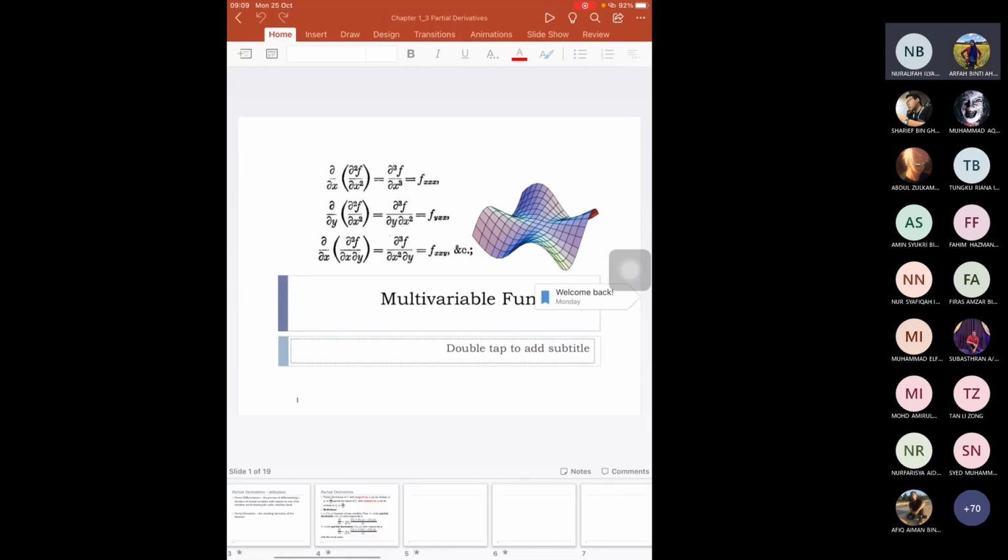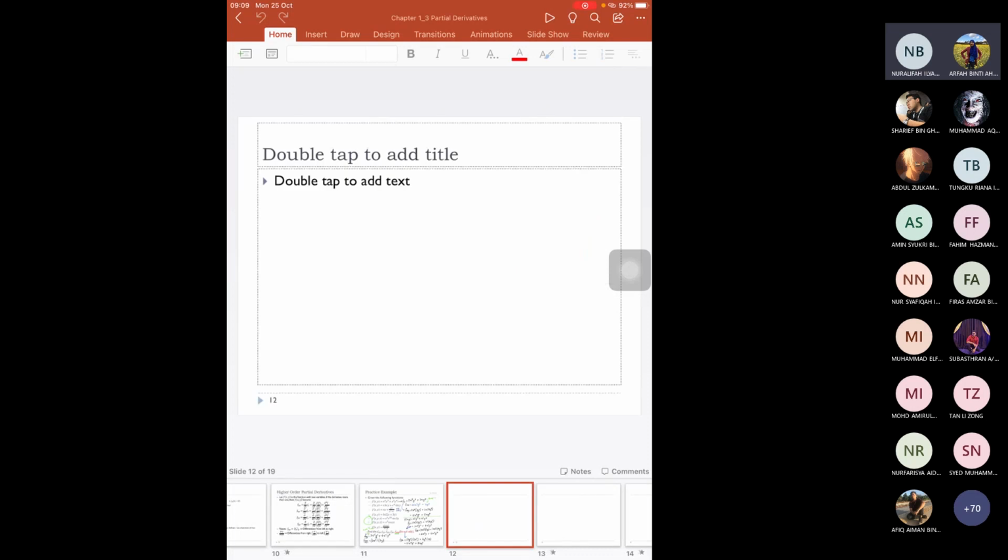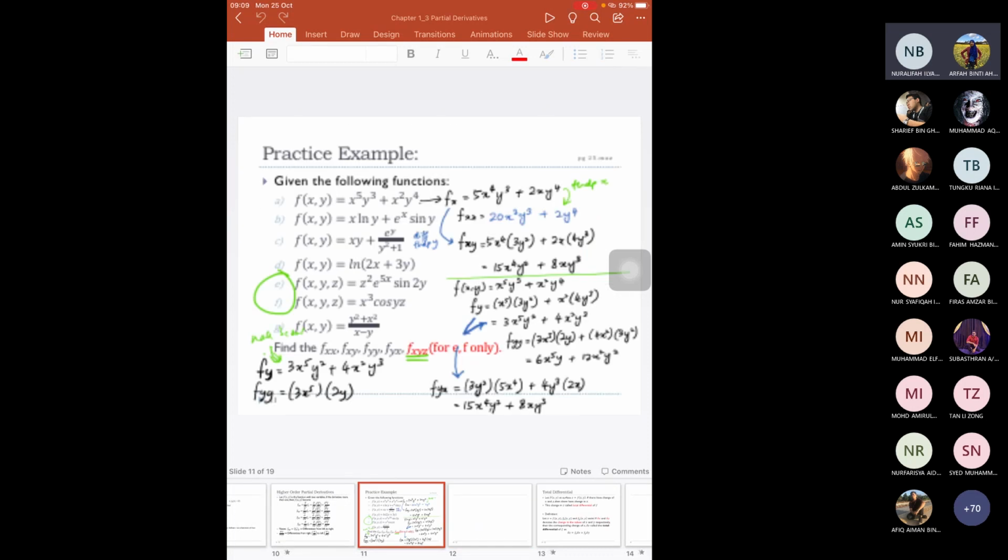So partial derivative, let's continue with this one. Okay.